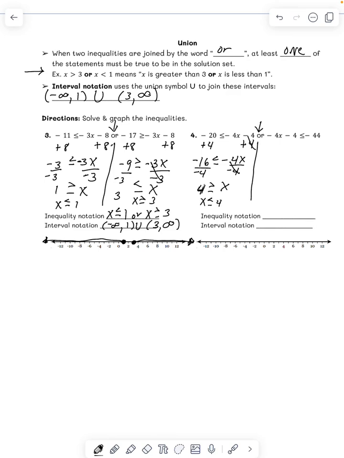All right, let's do the other side. So I'm going to add 4, negative 4x is less than or equal to negative 40. Again, I'm dividing by a negative, so I'm going to flip my sign.